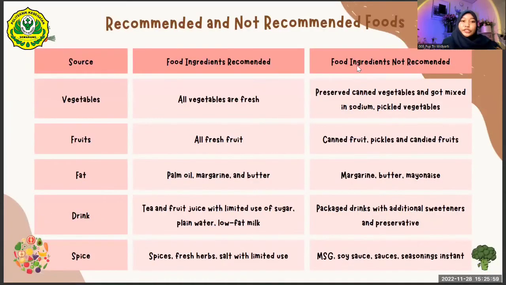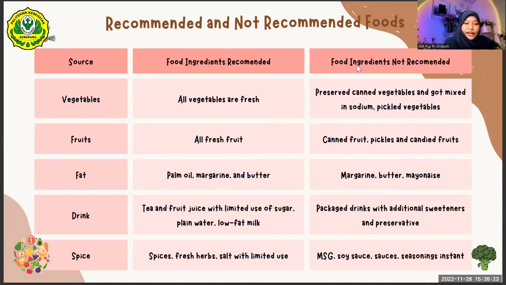And then vegetables, recommended all vegetables are fresh. Not recommended is preserved canned vegetables mixed with sodium, and pickled vegetables. And then fruits, recommended all fresh fruit, and not recommended is canned fruit and pickles.